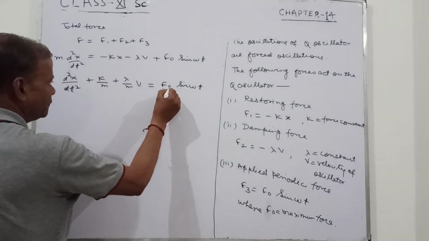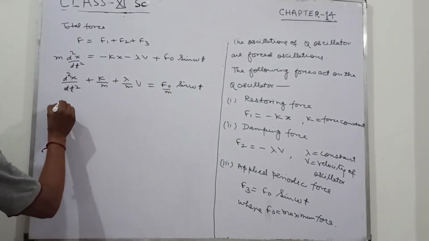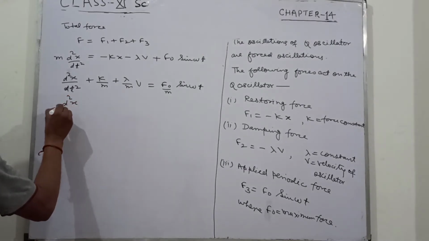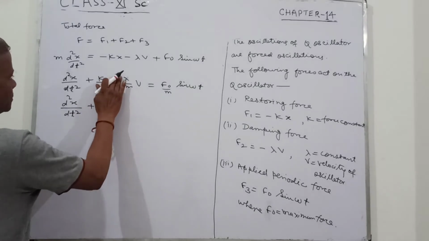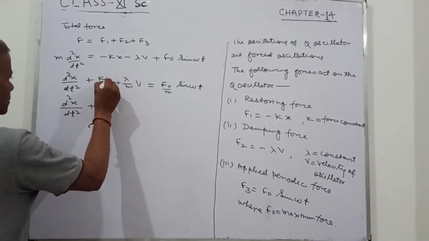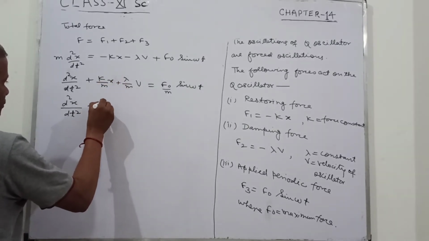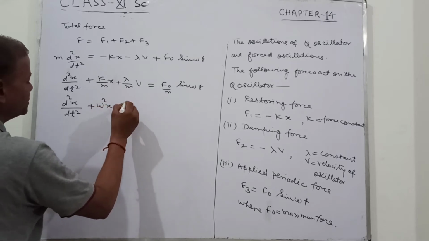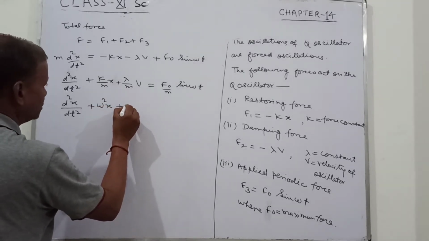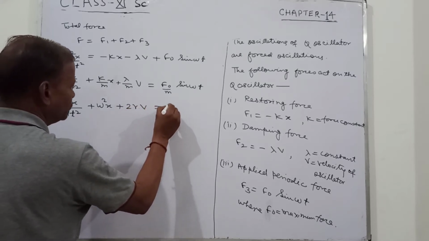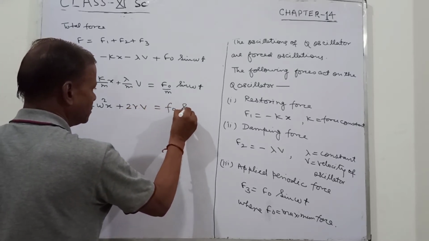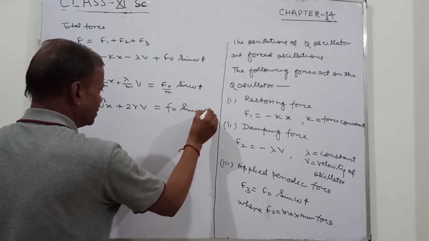Now dividing by m, we have d2x upon dt square plus omega naught square x plus 2r into v equal to f naught sin omega t.